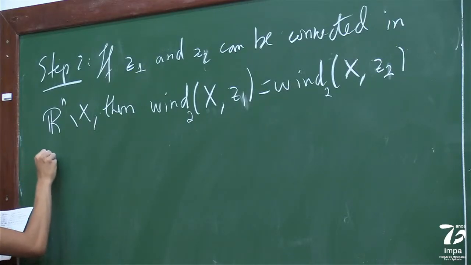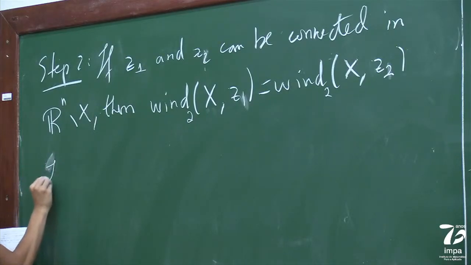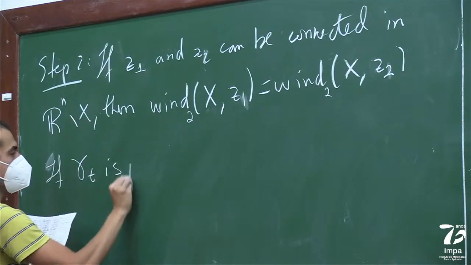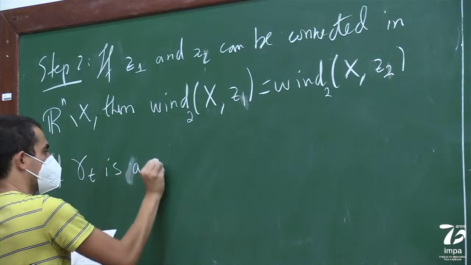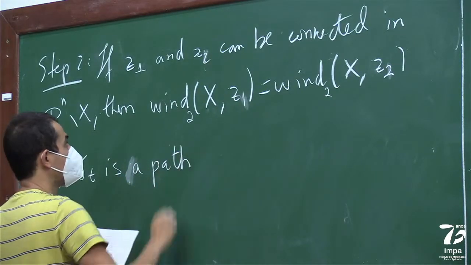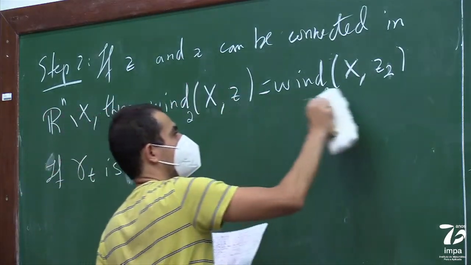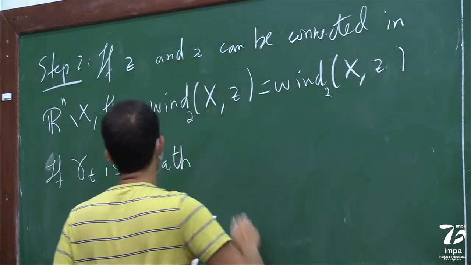The proof is actually very simple. So if gamma t is a path, well, let me use z0 and z1 again, because it's nice for the domains to be 0, 1.